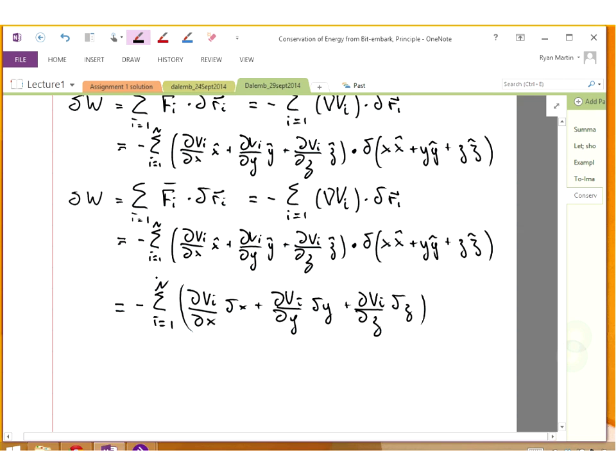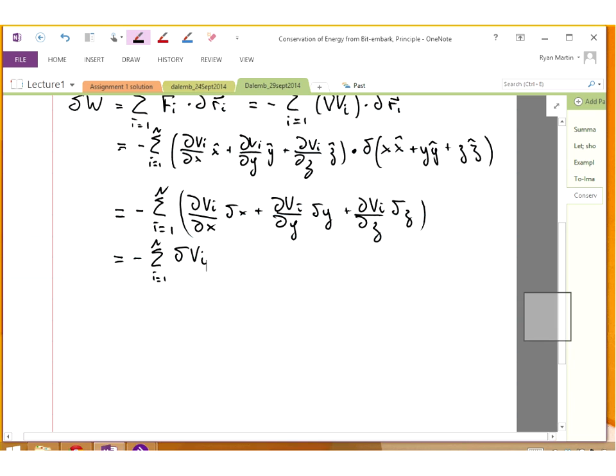So that's equal to minus the sum i equals 1 to n of the delta Vi. If you want to expand the variation of a function V using the chain rule as the sum of the variations of the things that the function depends on, then you get the line above it.